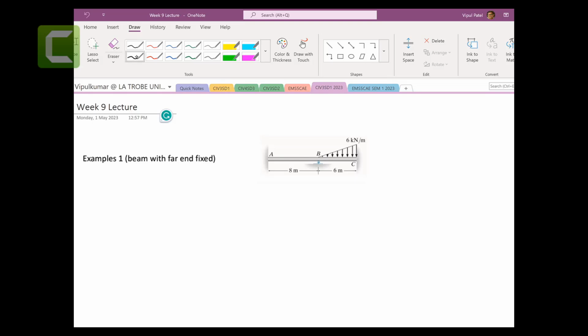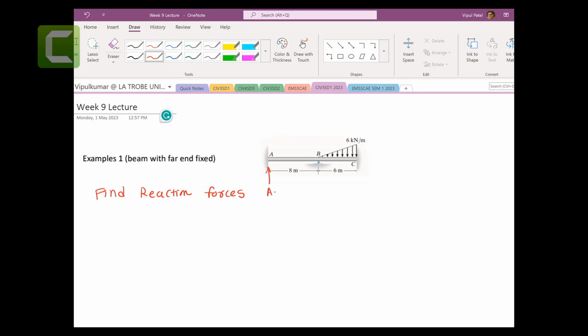All right. So, beginning with the far end fixed, our question here is to find the reaction forces. Look at this highly indeterminate structure.